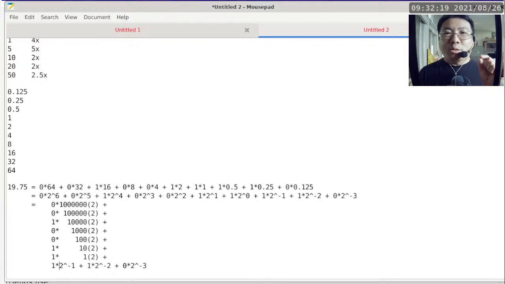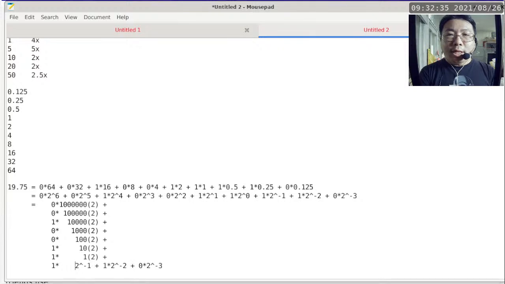Okay? It's a separator to separate the digit representing whatever base to the power of 0 from whatever base to the power of negative 1. This is the separator between the 0 and the negative 1.